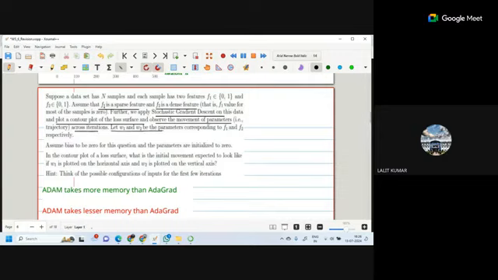Let W1 and W2 be the parameters corresponding to F1 and F2 respectively. Assume bias to be 0 for this question and the parameters are initialized to 0. In the contour plot of the loss surface, what is the initial movement expected to look like if W1 is plotted on the horizontal axis and W2 on the vertical axis?